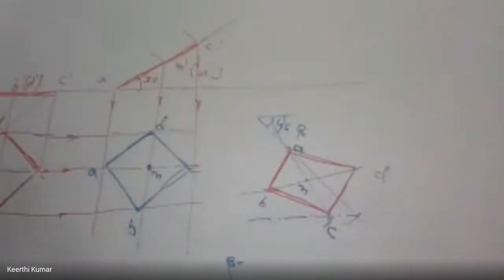A pentagonal lamina of 25 mm sides is resting on HP with one of its edges, such that the surface makes an angle of 60 degrees with HP.